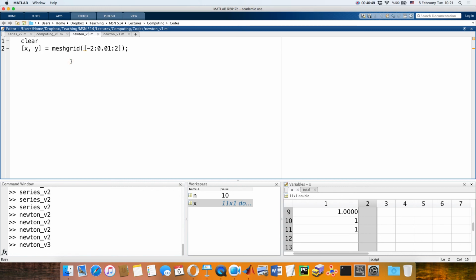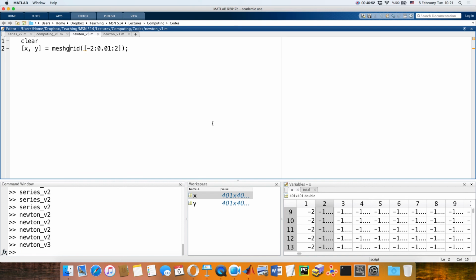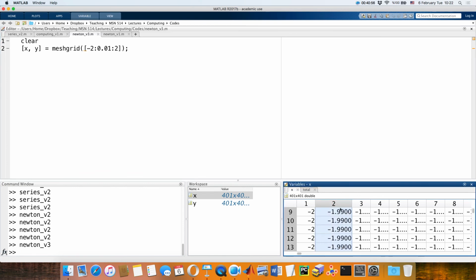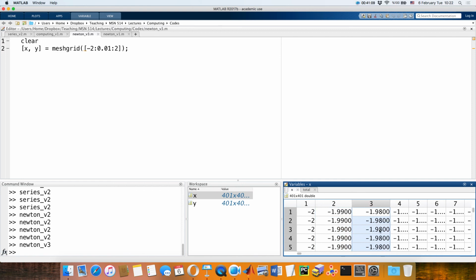After I run this, what happens is that x gets the values that are changing as the columns change, like -2, -1.99, -1.98.